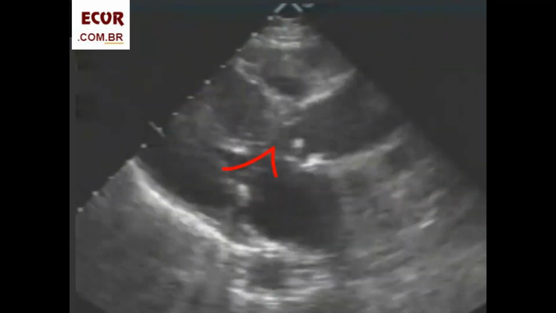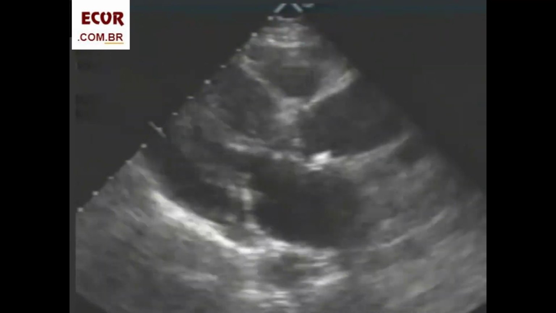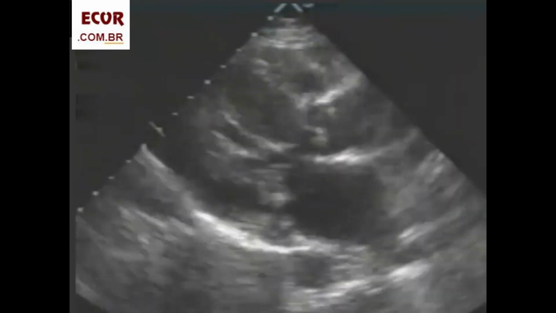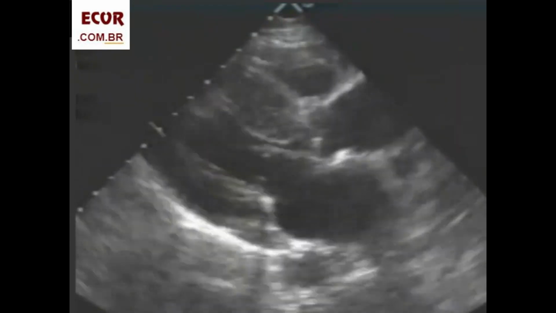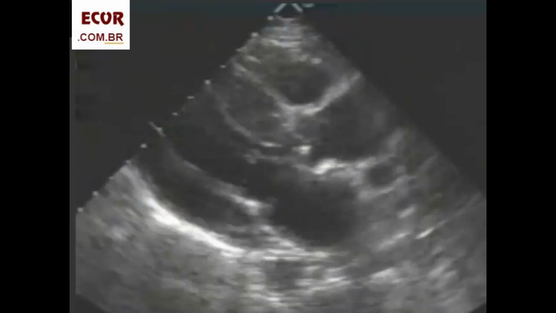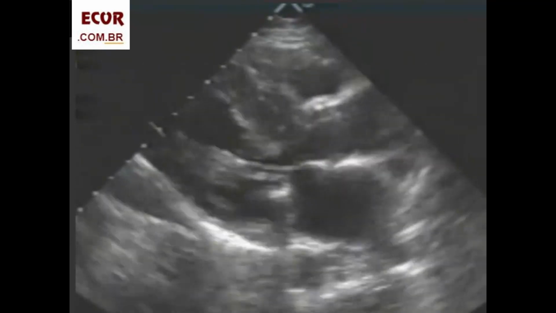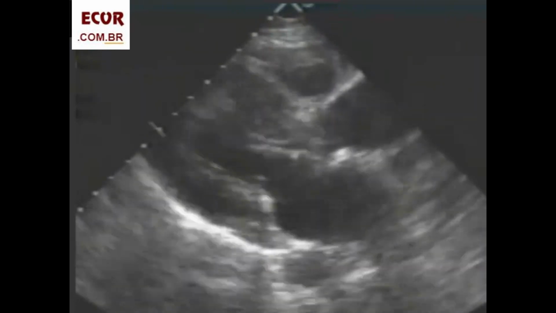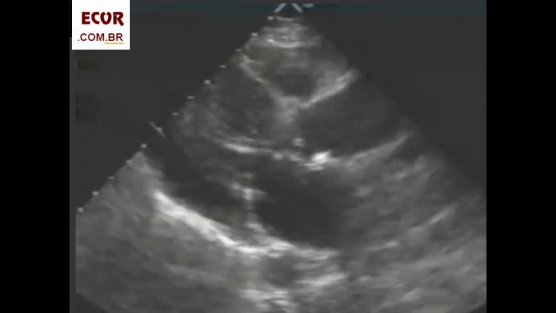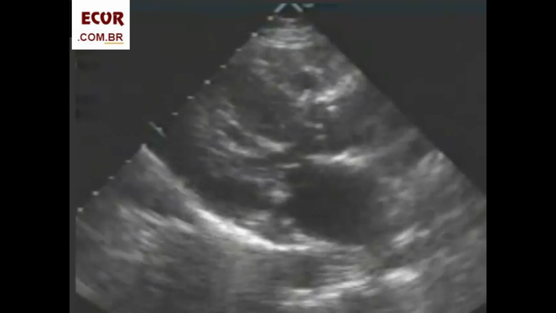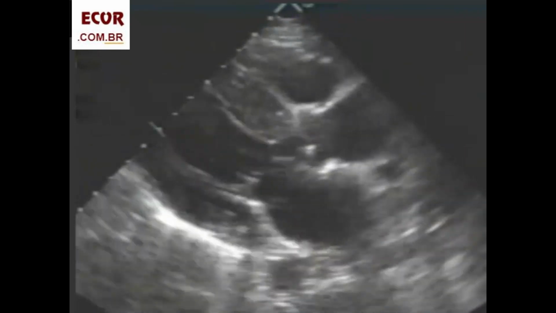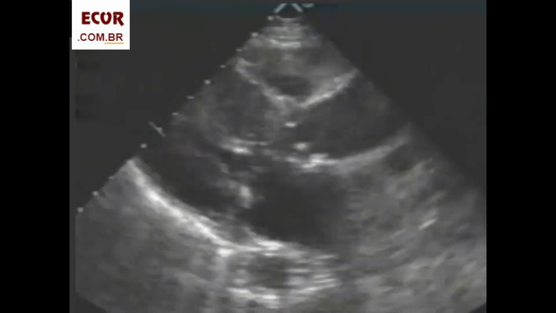The location where the IVS is more hypertrophied varies a lot. In this case, it is mostly subaortic and then becomes uniform. Watch now, the IVS is coming inside the left ventricular outflow tract, reducing the size of the subaortic region.